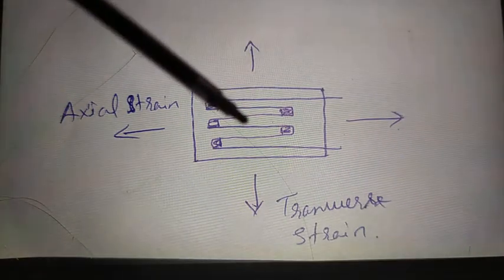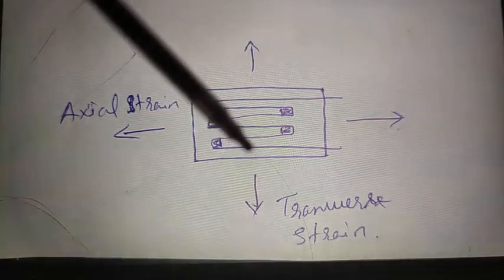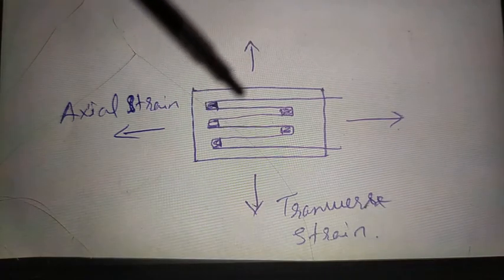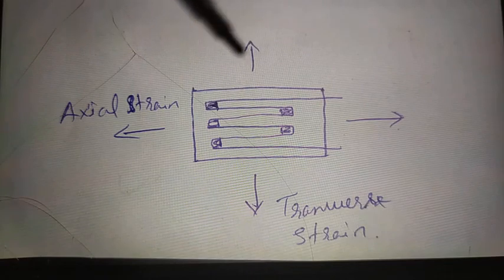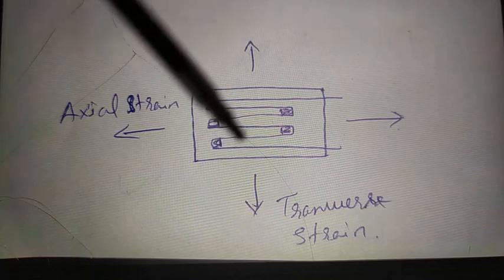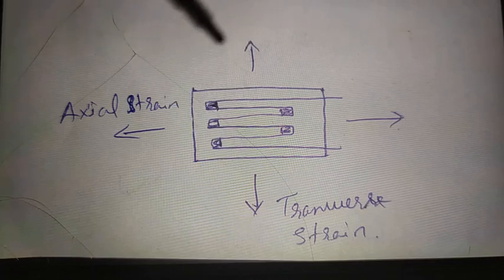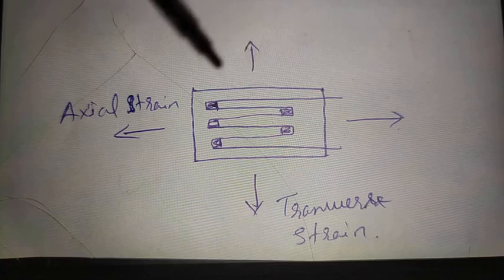But whatever elements you take, you are going to experience some amount of lateral strain. Not always are you going to get only the linear strain; you have to see that there is a lateral strain. So you require one correction factor, which in practice you have to consider.